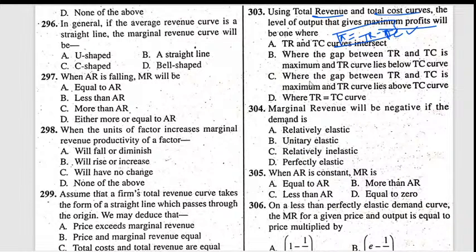The TR curve will be lying above TC. So the correct option will be where the gap between TR and TC is maximum and TR curve lies above TC curve. So the correct option will be C.